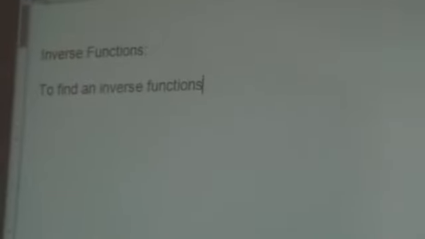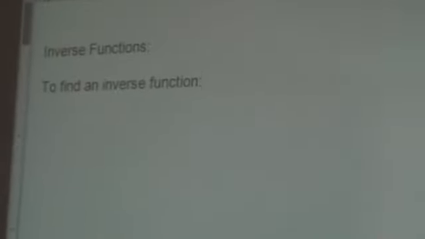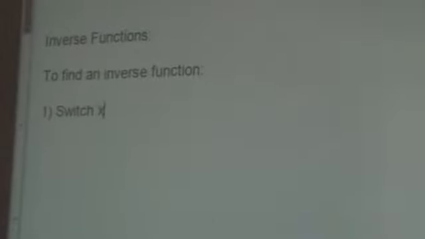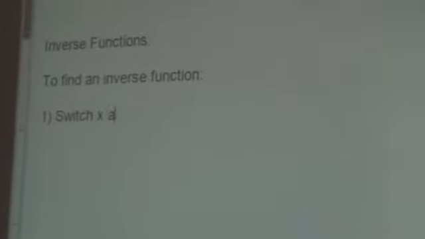Inverse functions. To find an inverse function, we went through these steps last year, and then I'll go through some of the exceptions. To find an inverse function, 1, switch x and y.